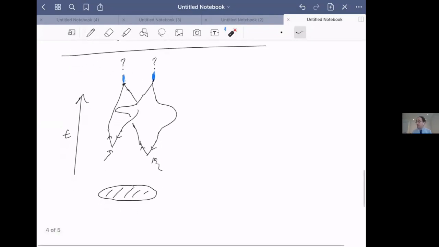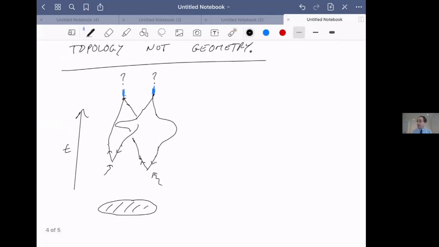So what's kind of interesting here is that the outcomes, the probabilities, or the probability amplitudes, if you want, are obviously knot invariants. Why?